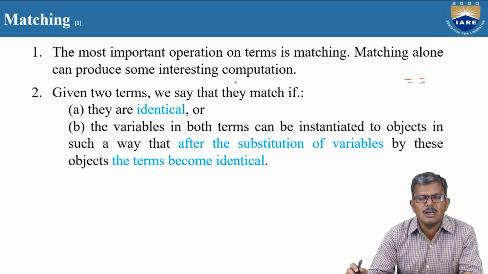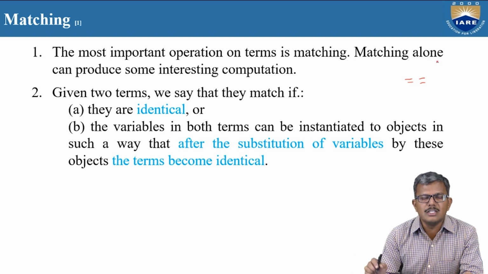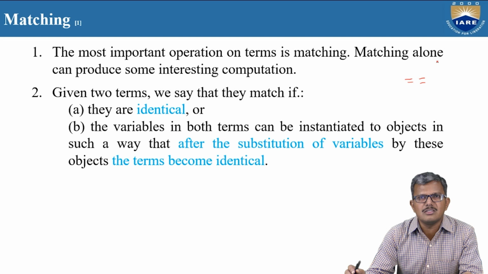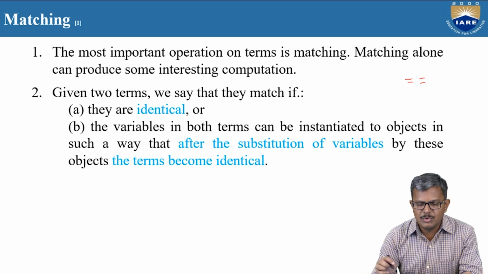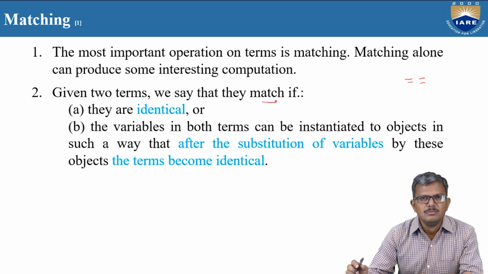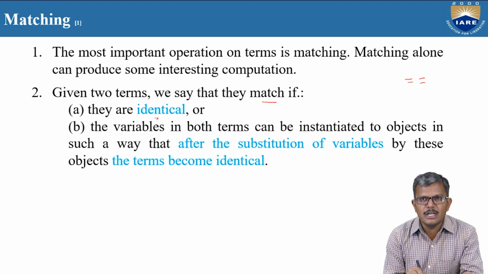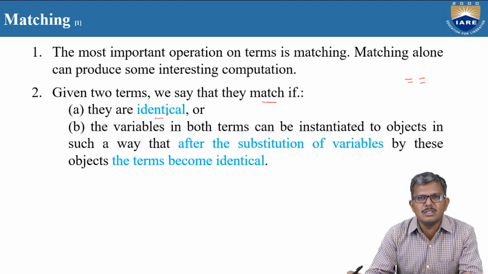Matching alone is going to produce a lot of interesting concepts for us. Before that, let us understand what matching actually is. The most common word we use while talking about matching is identical.